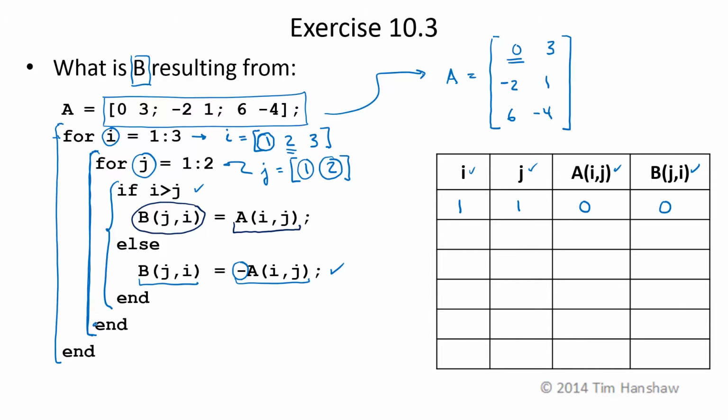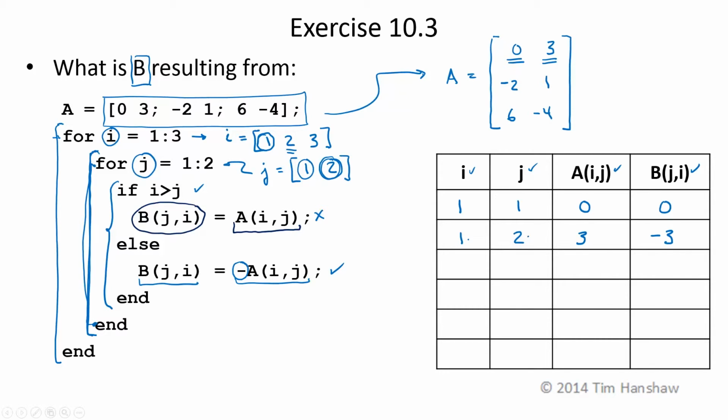When we hit this end statement, we go back to the for statement, pick up the next element in the array. So the second time through the loop, we haven't finished the outer loop first, so i is still 1. j is 2. A of i comma j, first row, second column, is 3. Now in this case, i is less than j, so this is not true, and we change the sign on B of j comma i.